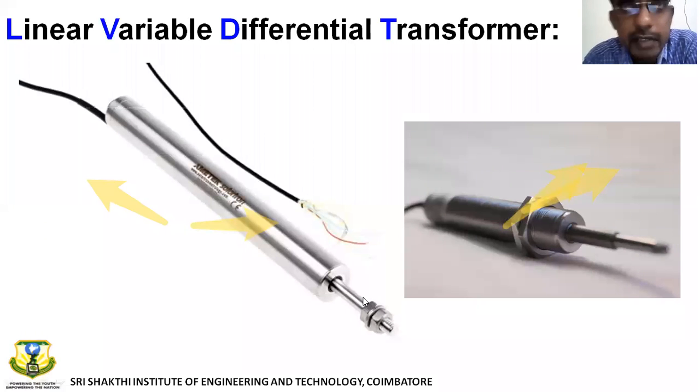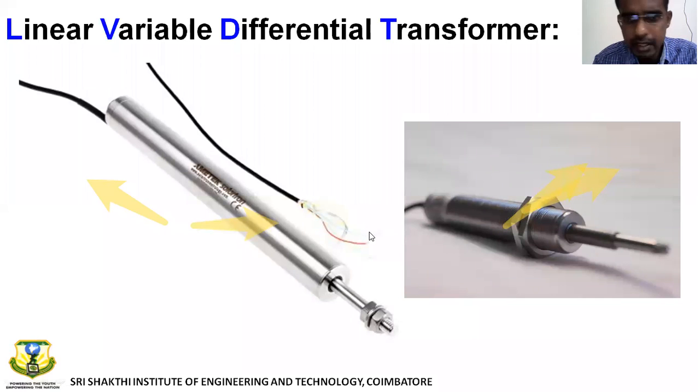The linear variable differential transformer is used to measure displacement, movement. Angular displacement means potentiometer. A linear displacement means either horizontal or vertical. So for a linear displacement, we use an LVDT.